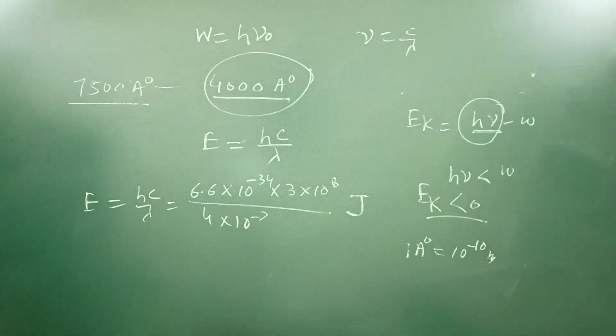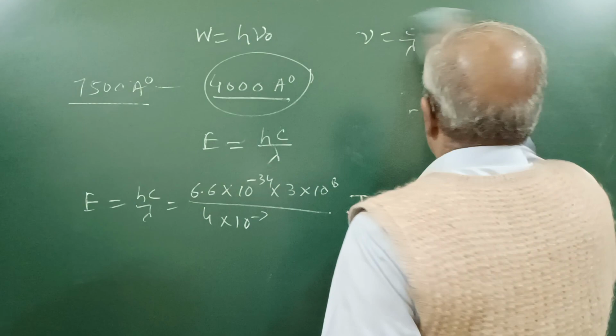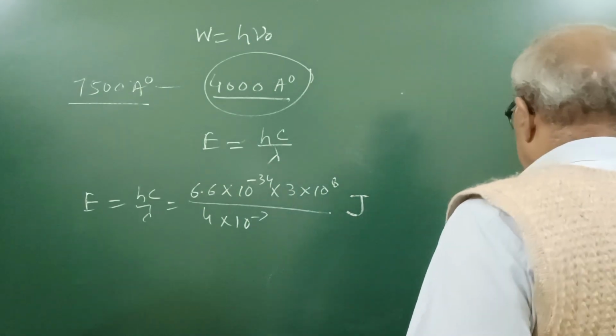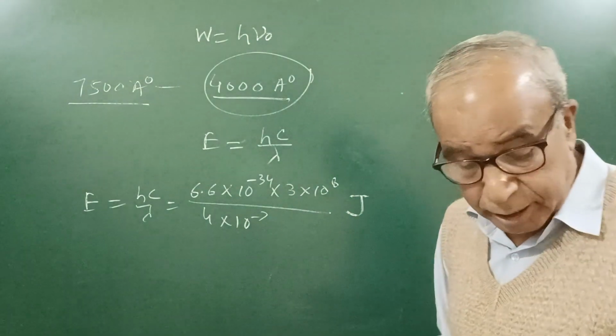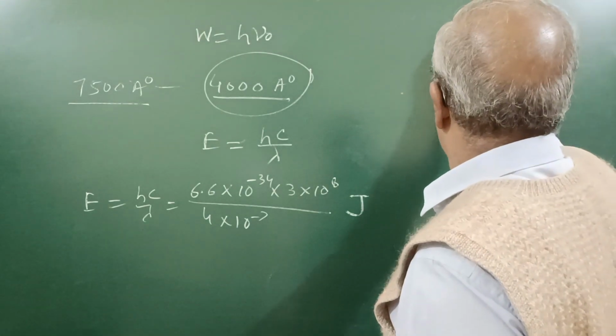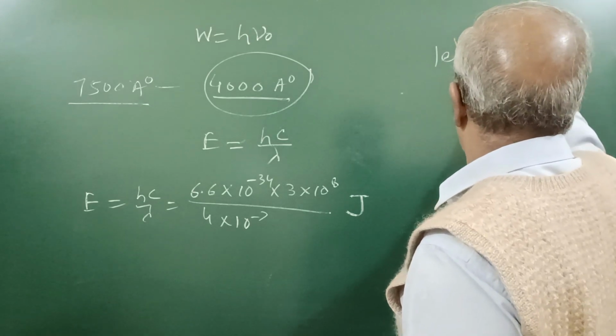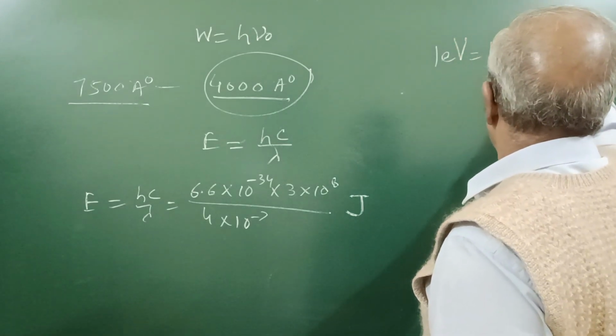But you are asked for the answer in electron volt. I have told you many times that 1 electron volt is the energy gained by an electron when accelerated through a potential of 1 volt, and 1 eV is equal to 1.6 into 10 to the power minus 19 joule.